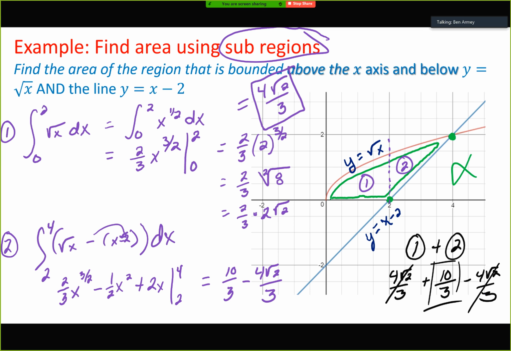Well, that's what we did. First you found this one, and then you find this one. So do it as 2 separate regions. You guys are all saying the same thing. It's taking you 3-4 steps to get to the same answer. If your way makes sense and you get the same answer, I don't care. I'm saying this is how you can do it. It's still going to take more than 1 step.